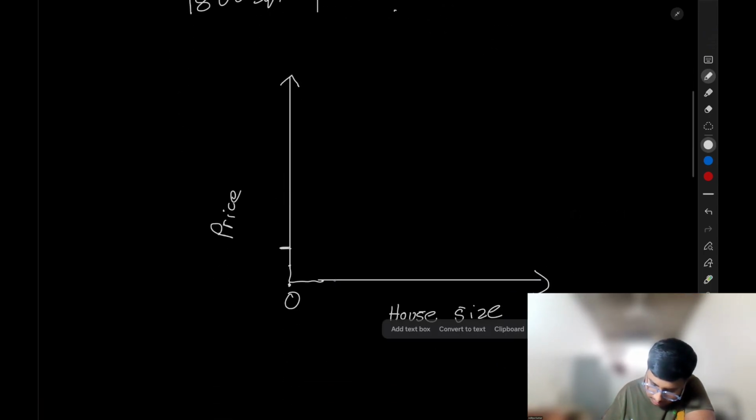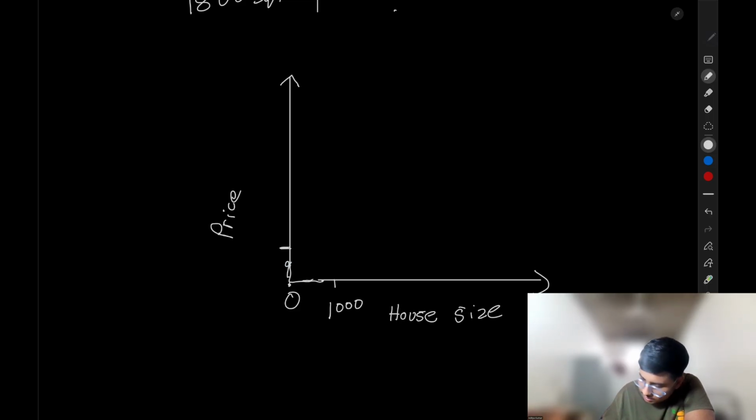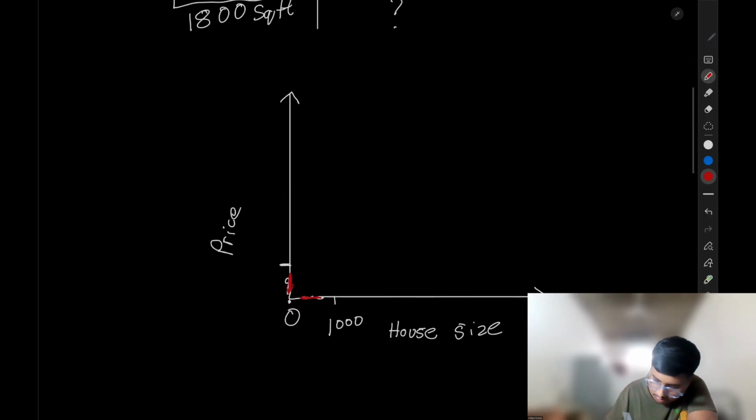House size, let's take from 1000. Let me denote it with a red sign. And here also price starts with $100,000.